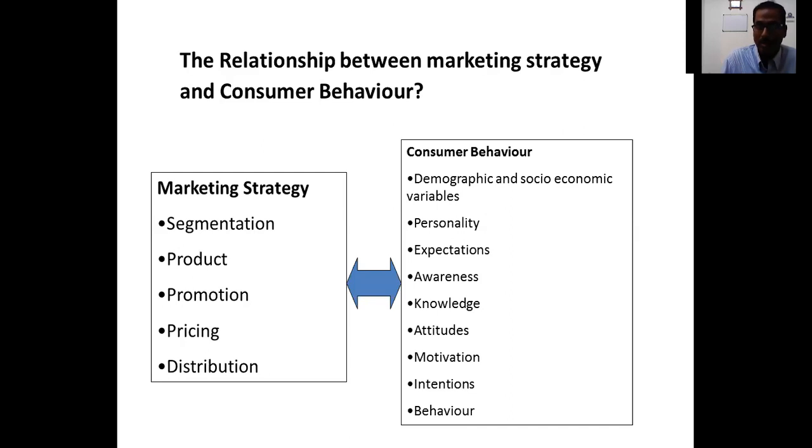We'll look into motive in a very detailed manner. Then intention, the reason why a particular customer behaves and buys our product, or disposes of our product, or buys our competitor's products. That's the intention and the behavior. This is how we relate the marketing strategy to consumer behavior.